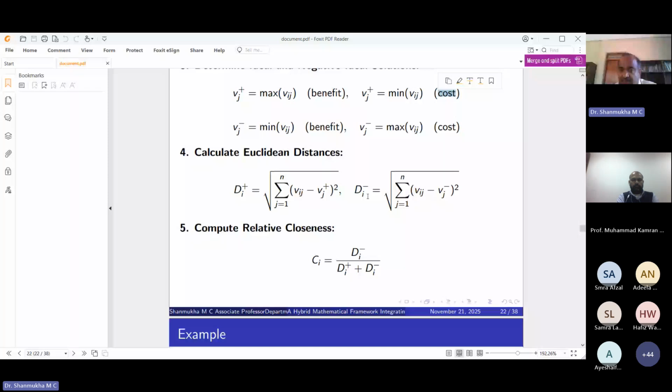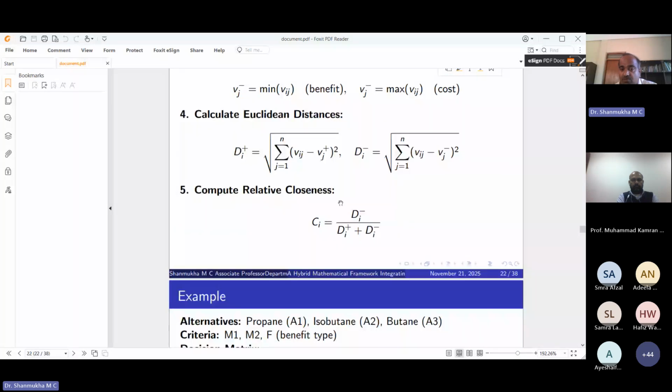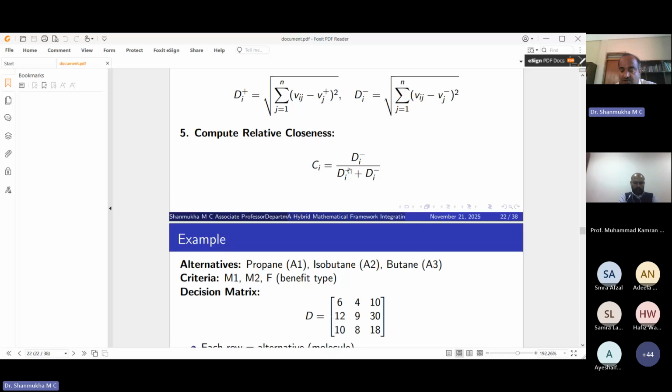Here di plus is equal to the square root of the summation of Vij minus Vj plus whole square, where j varies from 1 to n, and di minus is the square root of the summation of Vij minus Vj minus whole square, j equal to 1 to n. Finally we compute the relative closeness. The formula is Ci is equal to di minus upon di plus plus di minus.